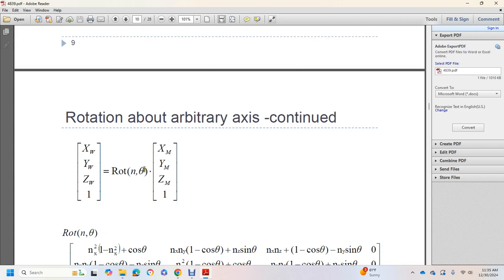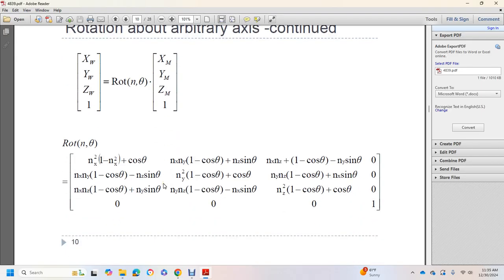X, Y, and Z model, 1, and it shows the three different matrices that are within this 4x4 matrix.